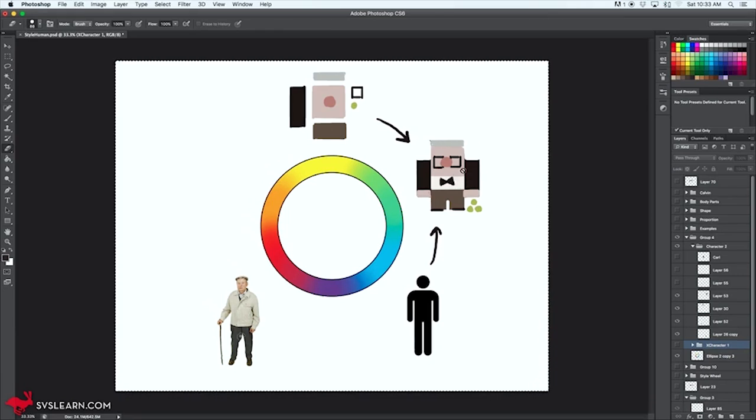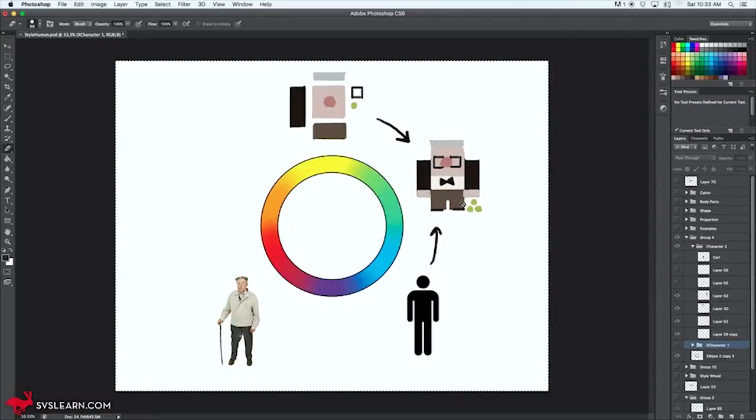You can probably start to tell this is Carl from Up, Carl Fredricksen, Mr. Fredricksen. I don't think I'm on a first name basis with him just yet, so we'll call him Mr. Fredricksen. So you can see he's got these symbolic human shapes, but we're applying these abstract shapes to him as well, and we're getting this very square, rigid person.